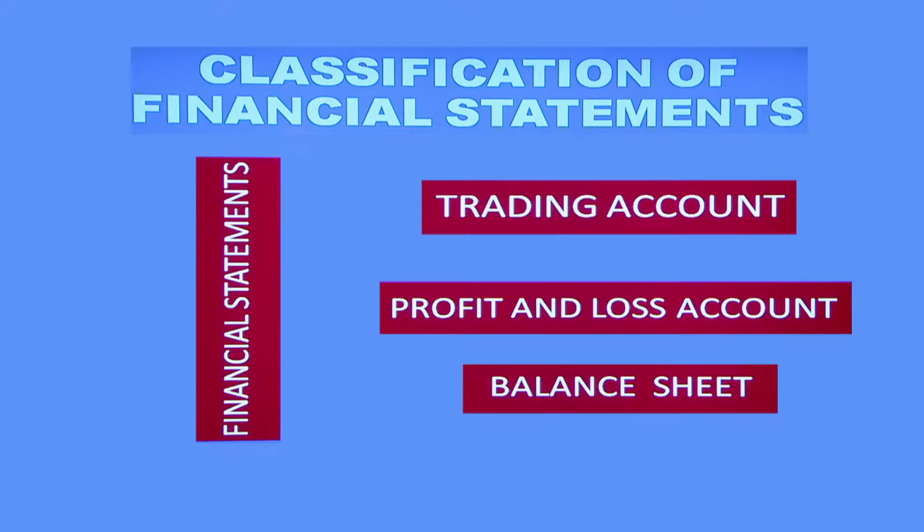It includes mainly two parts: income statement and position statement. Income statement includes trading account and profit and loss account. Position statement includes balance sheet.